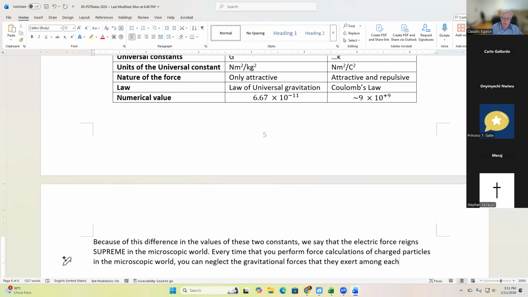And I'm talking about, don't forget, each other. Okay? I'm talking about charged particles.